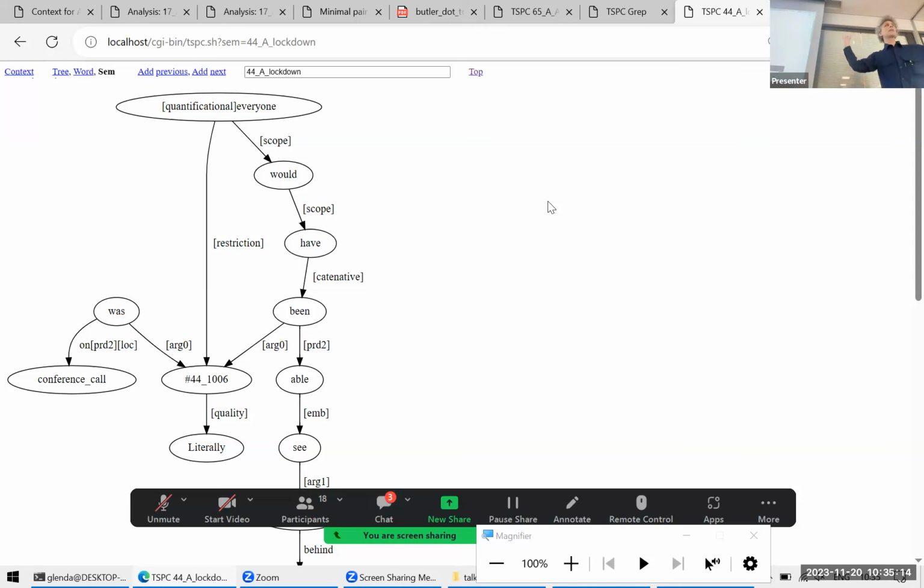But I'd be very happy if people took this data and played around with it in whatever way they want. There is now 500,000 words of English, so that's a sizable data set. There's 1.5 million words of Japanese, which is even more data.